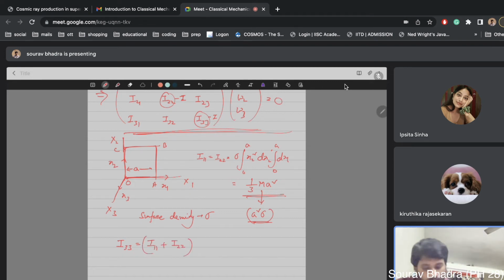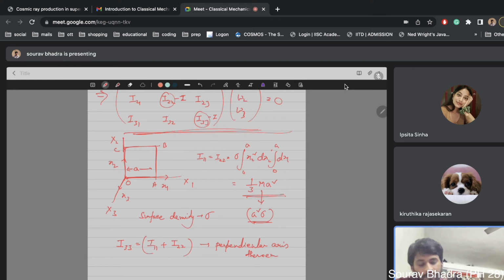So it is called the perpendicular axis theorem, because there is a perpendicular direction in this theorem. I33 is perpendicular to the laminar body, and as it is called a perpendicular axis theorem, we should have a perpendicular, so it is applicable for a laminar body only. You cannot apply it in any other case.